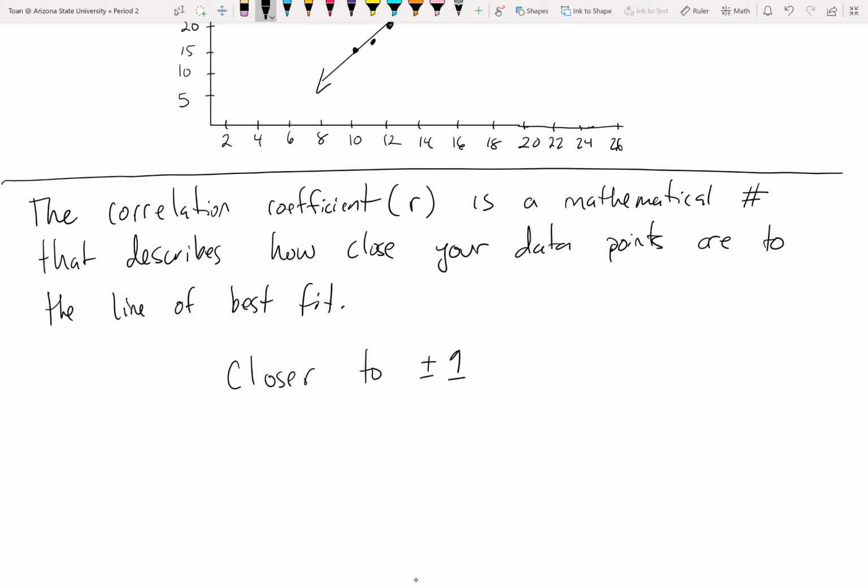Closer to +1 or -1, it doesn't matter, is closer to a line. So if you had a data set that was a perfect line, you would have a perfect 1. So the closer you are to 1, the more correlation it is to the line of best fit. Closer to 0 is no correlation. Right?